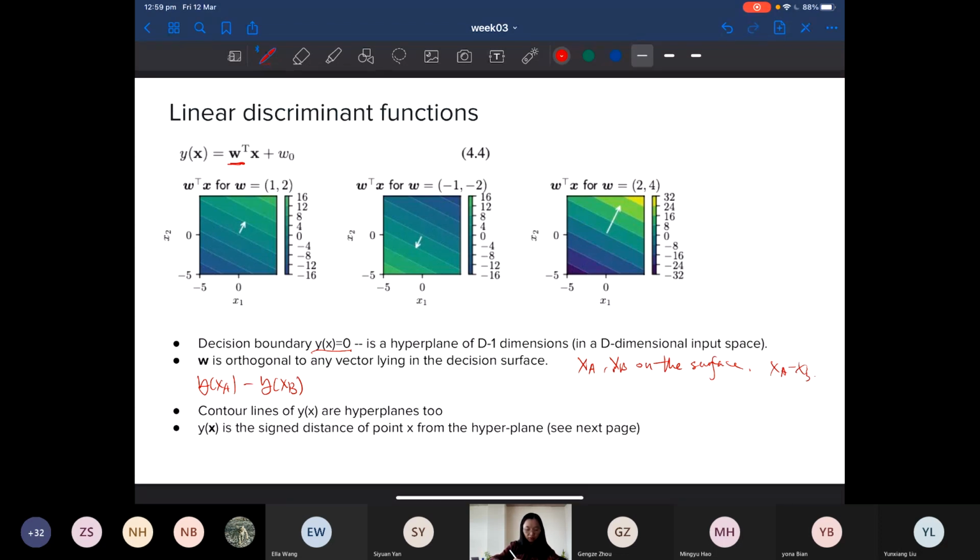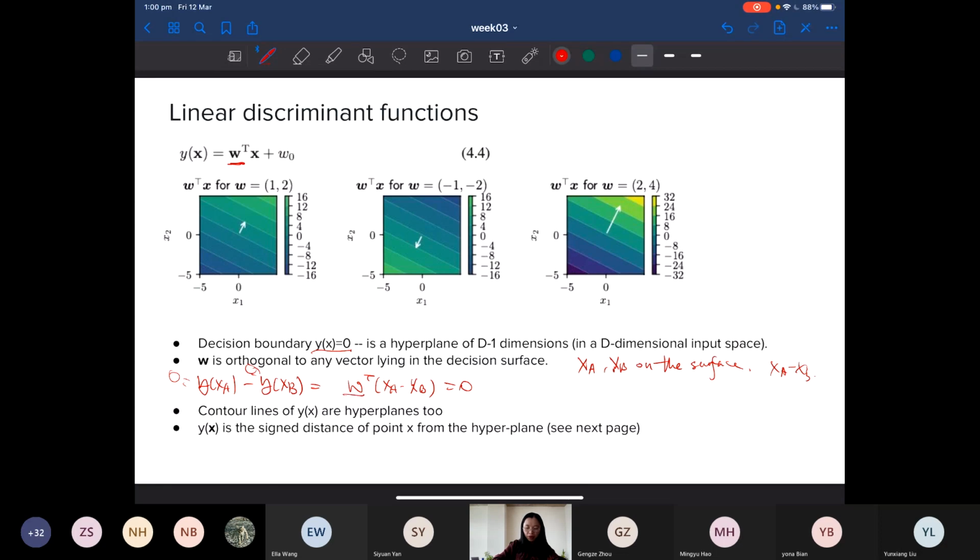If we take the difference and group the terms, because both of these terms are zero, the difference of them is also 0.